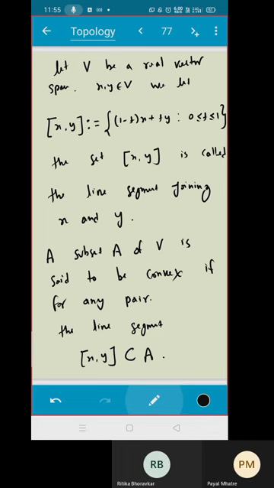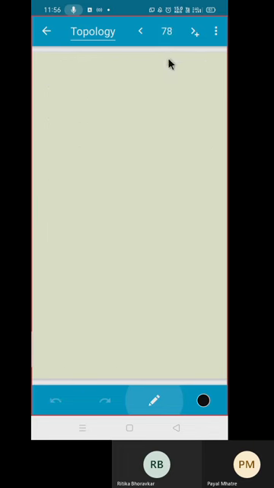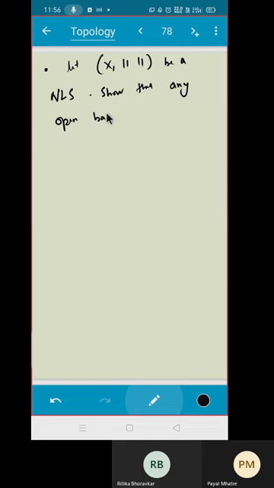Yeah. So can you prove any open ball is convex? Let (X, norm) be an NLS, a normed linear space. Show that any open ball B(x, r) is convex.